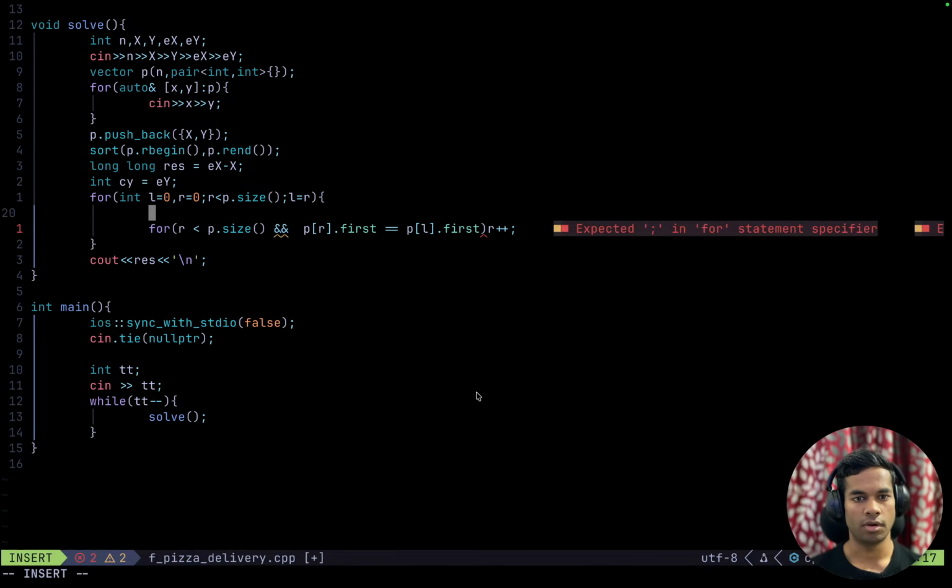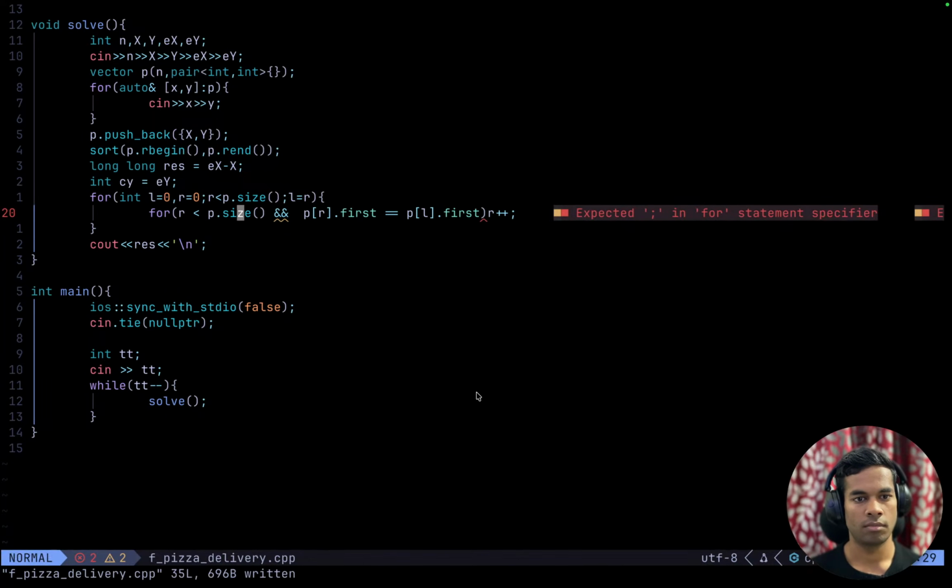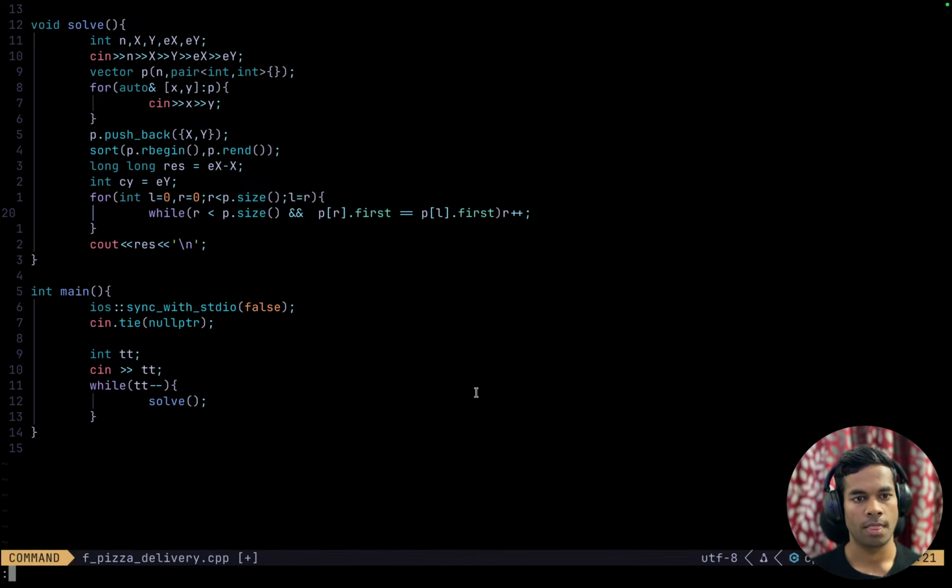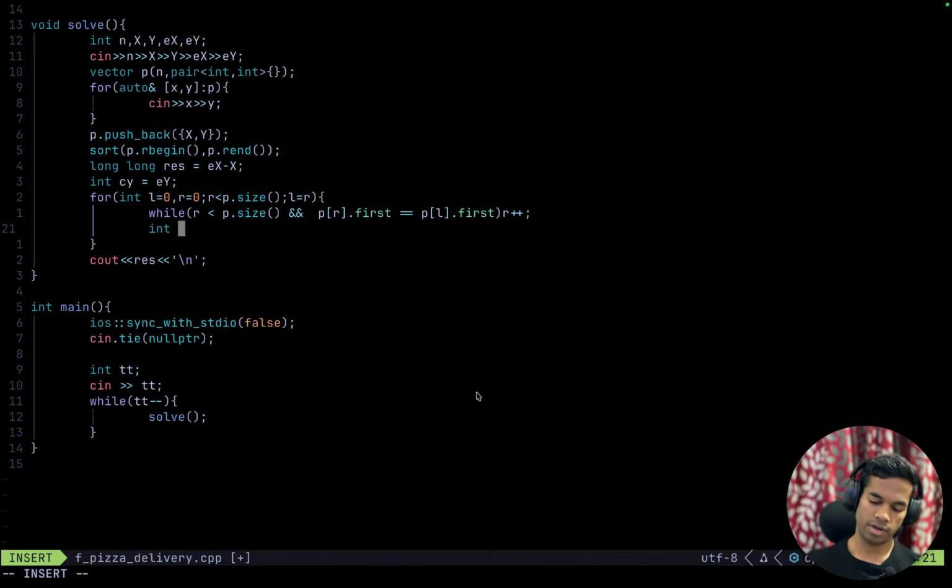What is the problem with this? Why? While r is smaller than p dot size, okay, then yeah, we are moving backward up.